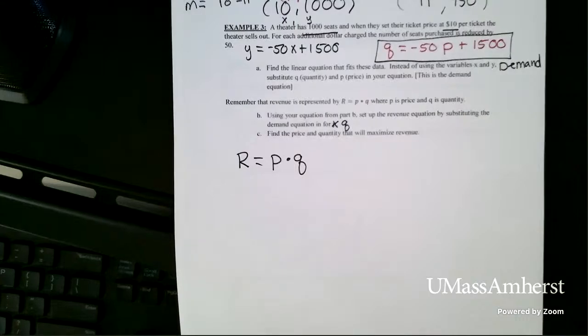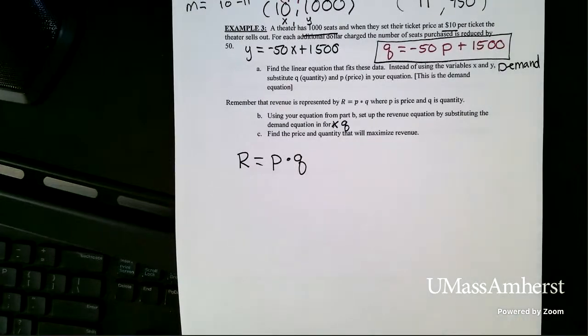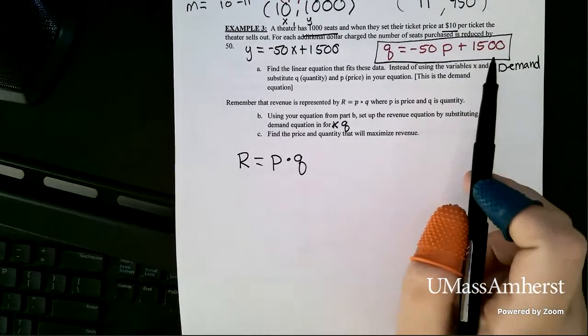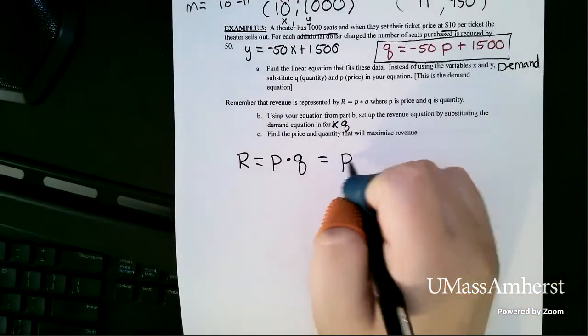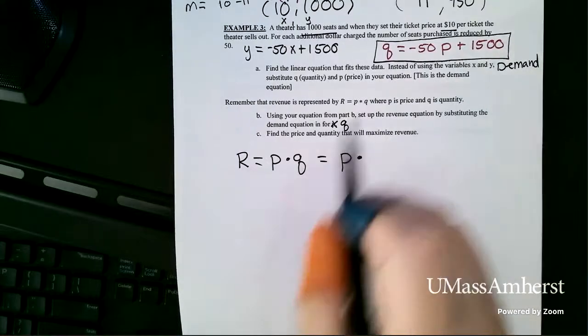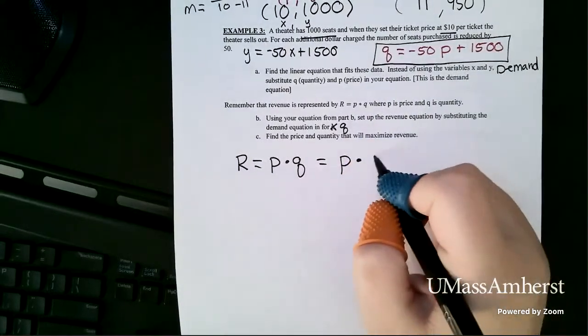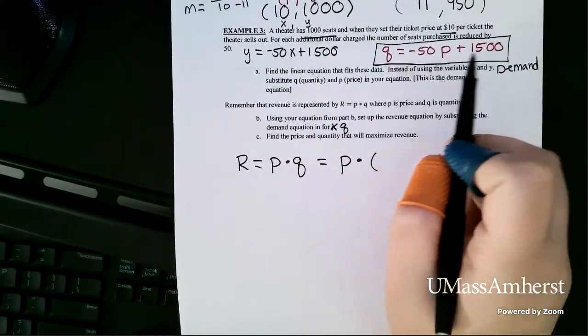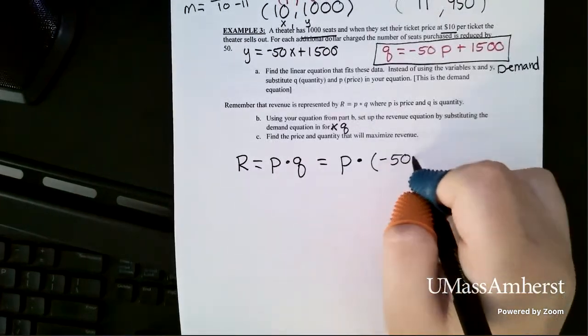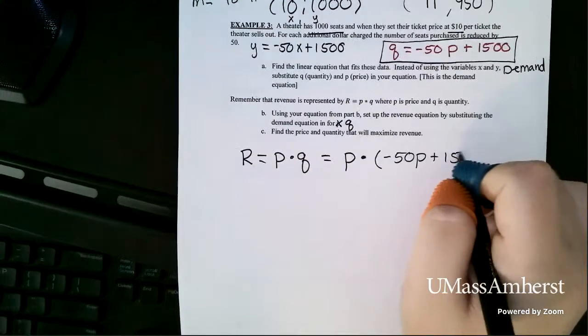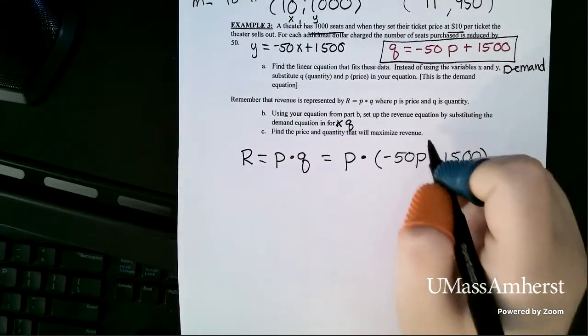We don't know how to do multivariable calculus, right? So what the demand equation does for us is it says, instead of Q, we can substitute in what Q equals in terms of price. So negative 50P plus 1,500. Okay, so that's our Q.